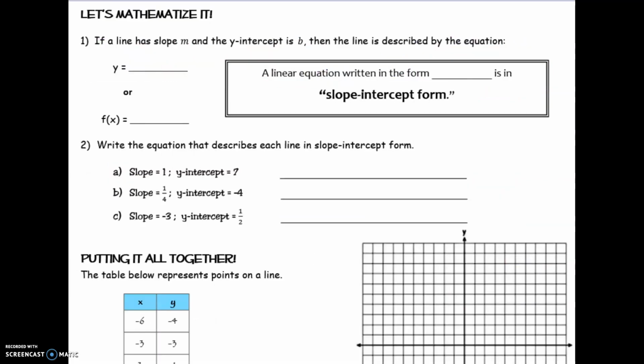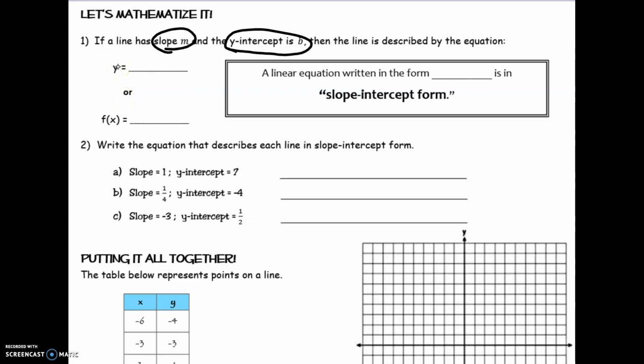So now let's make this more formally mathematical. If a line has a slope that we said we're going to use the letter m to identify, and it has a y-intercept that we're going to identify as b, then the line is described by an equation. Remember, y can be interchanged with f of x.